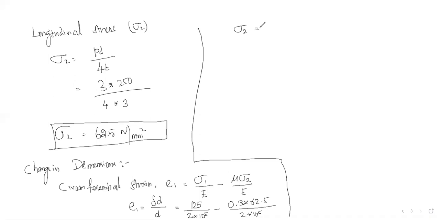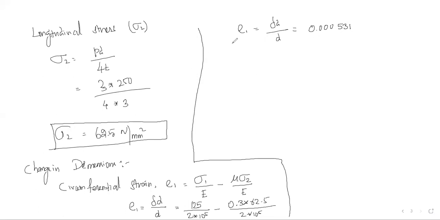Therefore E1 becomes 125 divided by 2 into 10 to the power 5 minus 0.3 into 62.5 divided by 2 into 10 to the power 5. The value is 0.000531.